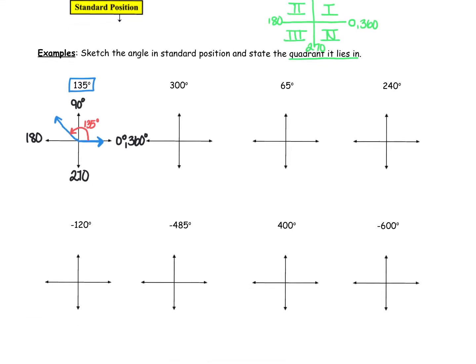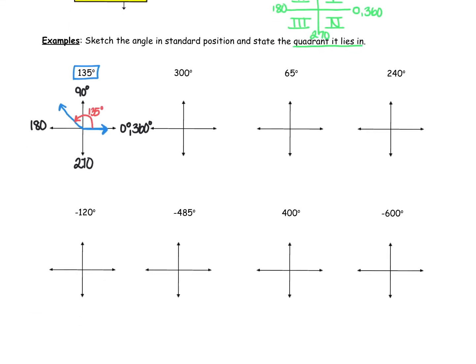Okay, let's try another example. Say I want you to graph 300 degrees. So again, we need an initial side. Initial side will always be here. That will never change. Maybe we should label our degrees. So we know that it starts at 0 at the initial side. Then we go up to 90, down to 180, 270, and then 360.